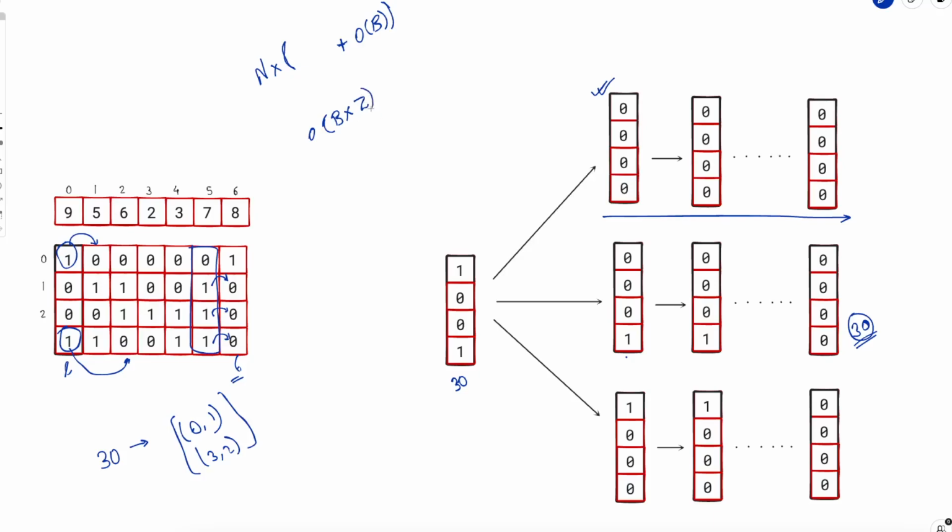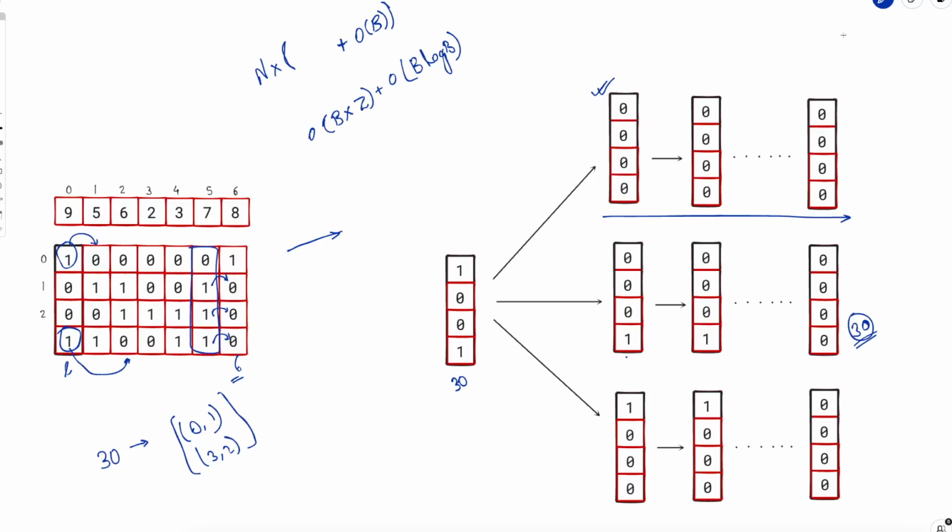Now once you have built this array, you will sort it, right? And sorting will take order B log B time because there can be at most B elements in this array. Now once you have sorted, you will get this path, basically the order in which these bits will be unset one by one.